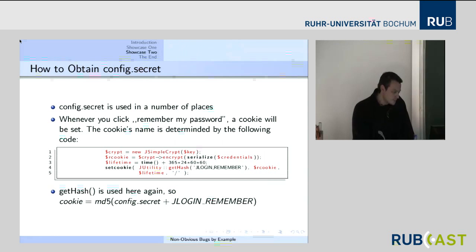First of all, let's look after the secret key, because config.secret is also used in quite a number of places.